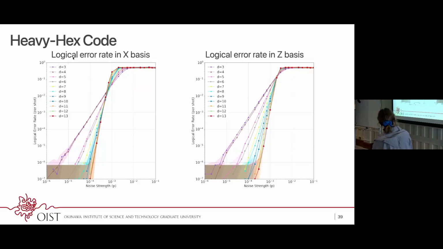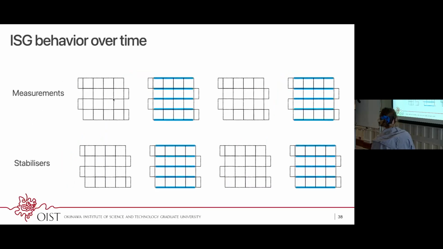So here, this shows the logical rate in X spaces. In X spaces means that the stabilizers are in X spaces. So as you can see, the X stabilizers actually have Bacon-Shor code behavior. And the Z stabilizers actually behave like a surface code-like structure.